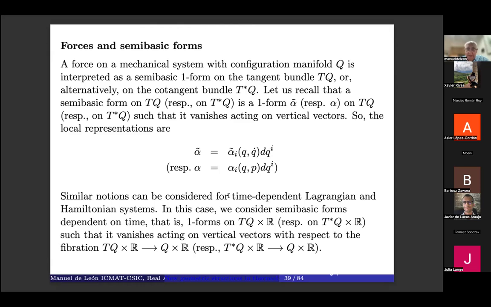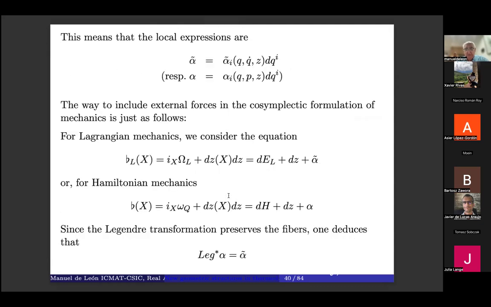So on Q times R, or on T star Q times R, we have a force vanishing on vertical vectors with respect to the projections over Q times R. So we have a similar expression, but in this case we have an additional parameter zeta on the components of the semi-basic force. Okay, so these are the expressions.